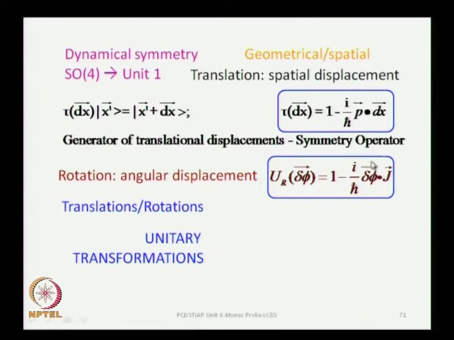As you can see from both of these operators which generate the corresponding translations or rotations, these are unitary transformations. They are also continuous transformations. In homogeneous space you can move infinitesimally. Tau delta x is the generator of infinitesimal translation. U delta phi is the generator of infinitesimal rotations.